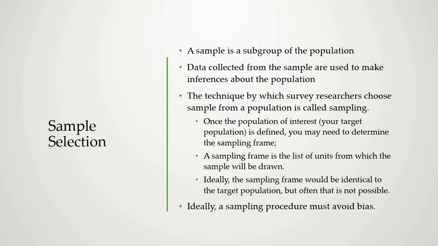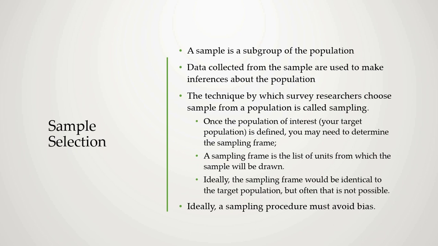The process through which we choose a sample from the population is called sampling. In situations where the target population is not accessible, another concept comes into play that connects the target population and the sample. This concept is called the sampling frame.